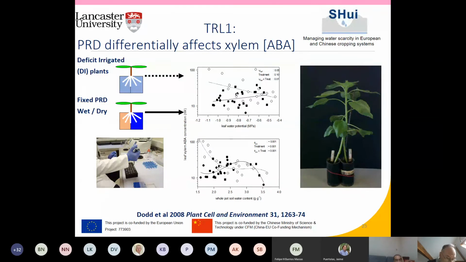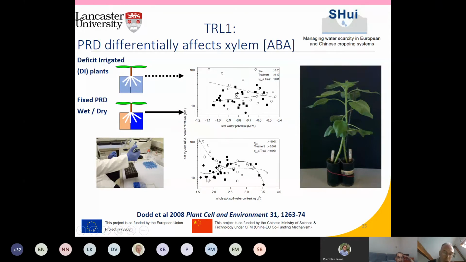So the ABA is important in partially closing the stomata, restricting water use by the crop. And you can see, although the data are scattered with each point representing a different plant, that there was a different relationship between ABA and leaf water potential, but also ABA and the soil water content of the whole pot.